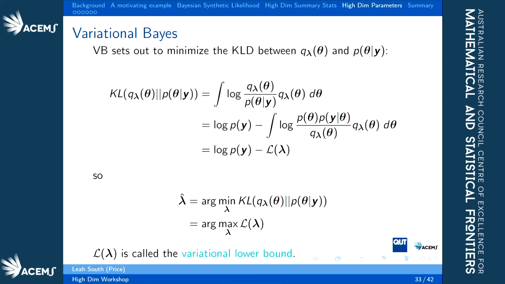L is called the variational lower bound. So basically choosing the parameters of our parametric approximation is essentially just maximizing this L term here.